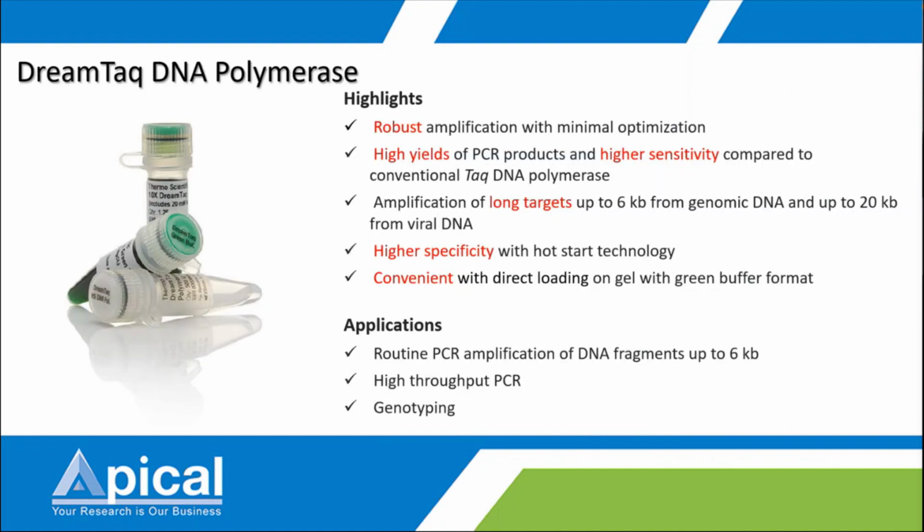This is a highlight for DreamTaq DNA polymerase. It can give you robust amplification with minimum optimization, it is higher in sensitivity, and it can give you high yield of PCR product. It can also amplify long targets up to 6 kb.